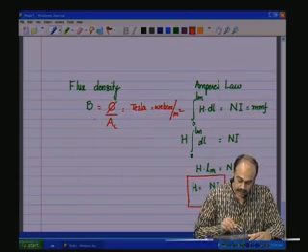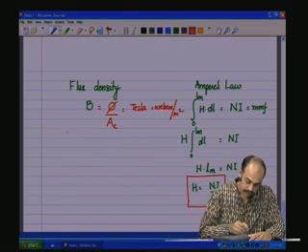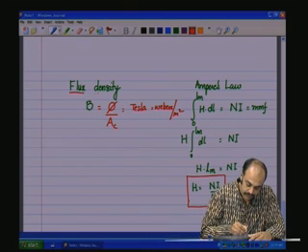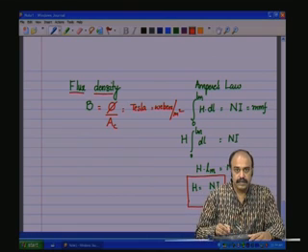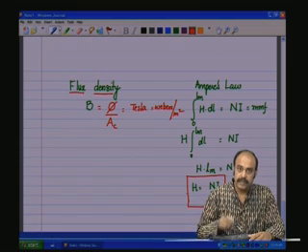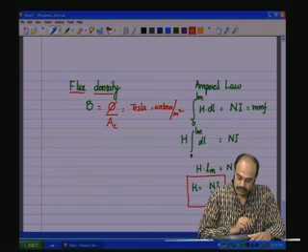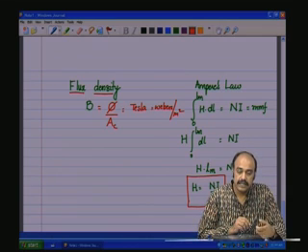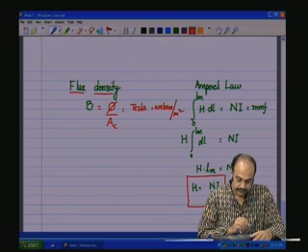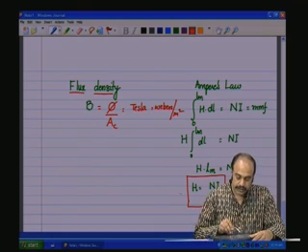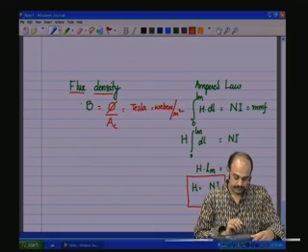So B and H. B is flux density, H is the field intensity, which is basically the motive force for generating the flow of flux. How are these two related?